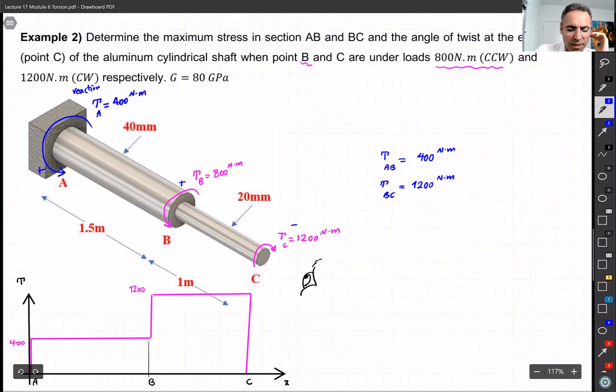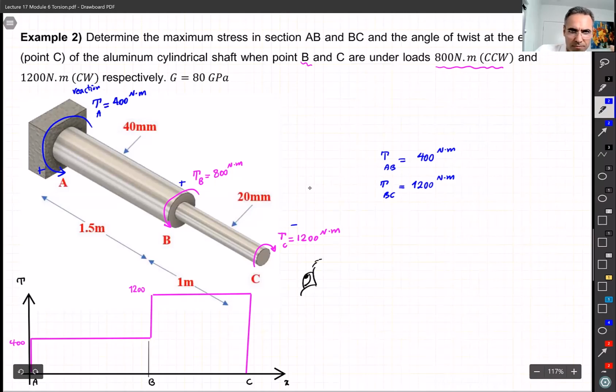So you may say, well, I don't need this diagram because it's obvious. If I look at C, I have 1,200, and it's obvious that this portion of the shaft from C to B is under these 1,200. And also when I get to B, from B to A, I have like 800, but also at the beginning I had 1,200, so I subtract them, and I know that from A to B is 400.